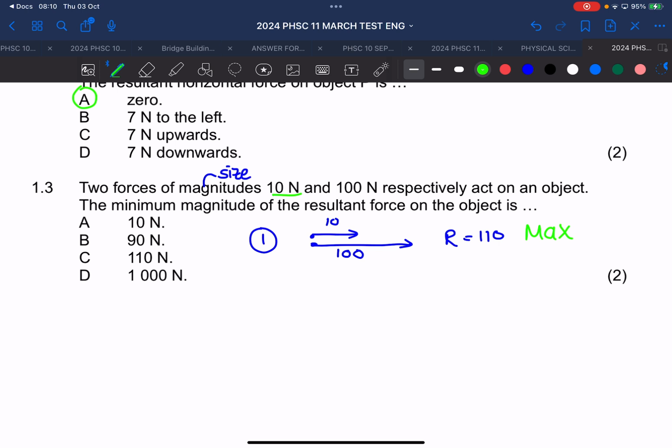Okay. Then we have the second scenario, is when they are at an angle to one another. The angle is 30 degrees, 80 degrees, 70 degrees, don't know, but they are at an angle to one another.